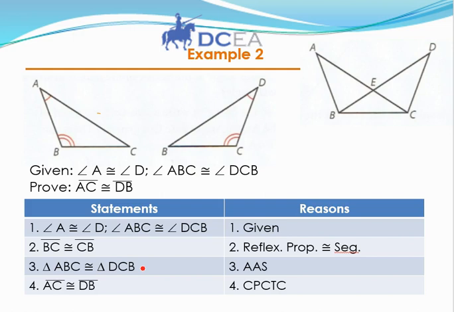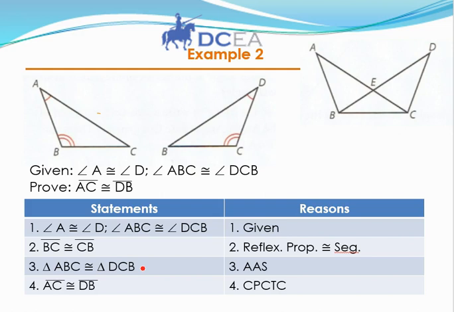And the next thing we can prove, we already have two angles. So if you look at the original drawing, remember that BC is congruent to BC. So our second step, it says BC is congruent to CB, and they're saying that because, remember, you have to name your triangles or your figures in corresponding order. So this triangle, if you note, has one arc and then two arcs. This one has one, then two. So we go ABC, DCB.